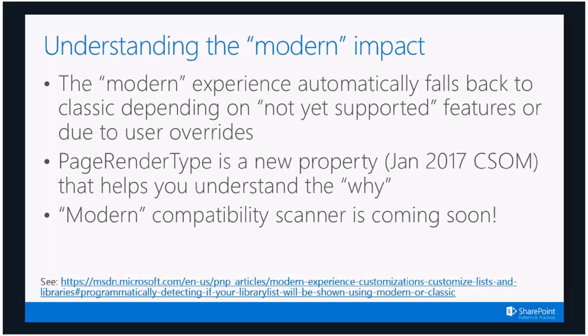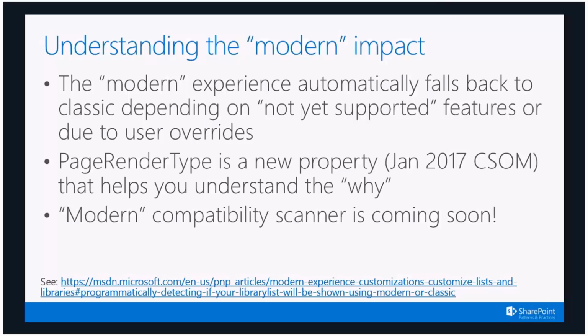The third step in the story is that we now have the API, and we're also building a scanner that you can run across your tenant. It will run across all the site collections, all the webs inside them, and all the libraries, and figure out what's compatible and what's not.